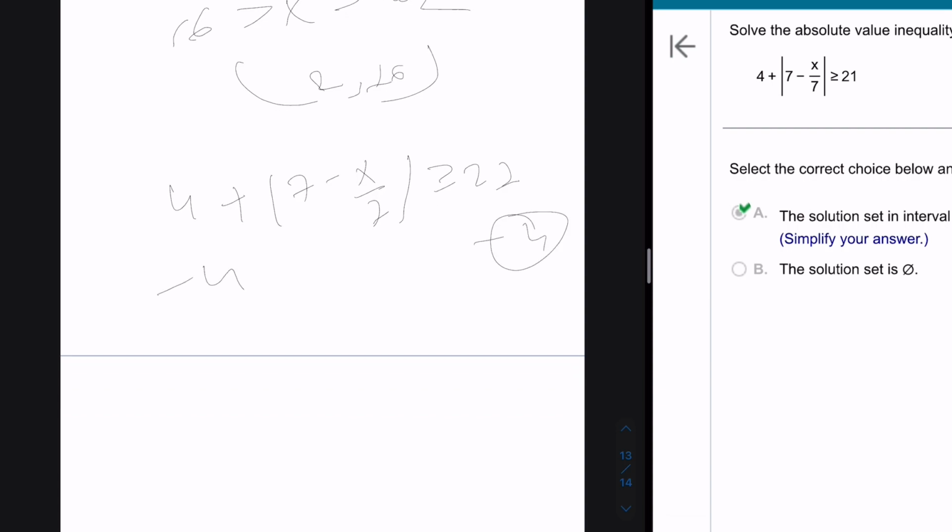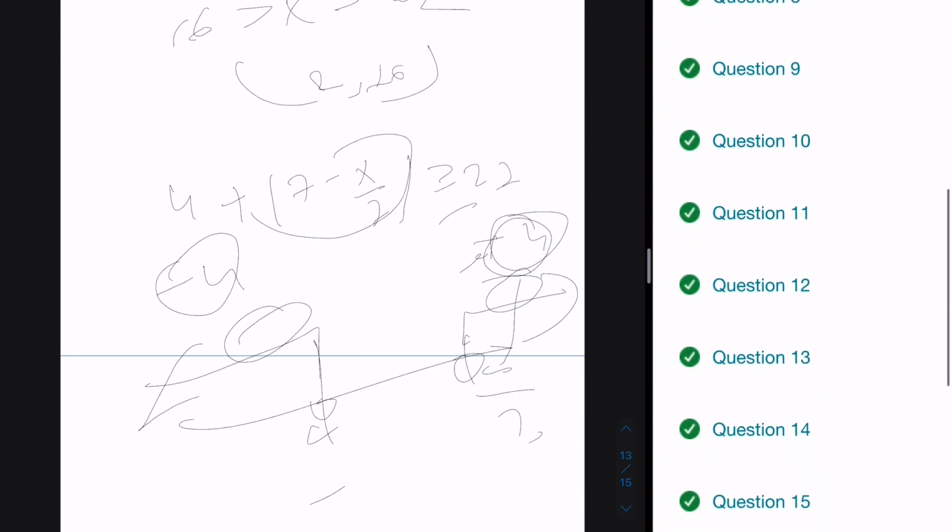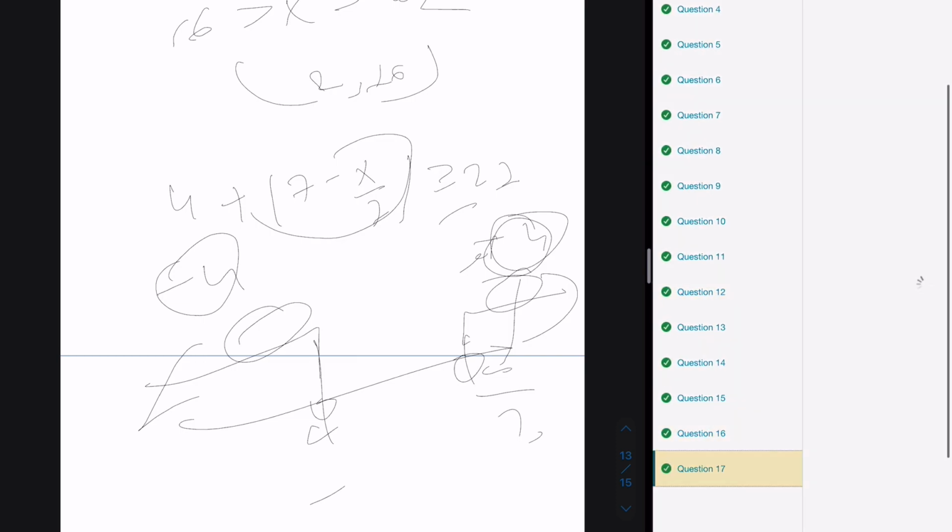Then you will get some number here, and since the absolute value is greater, the number that you got here will come here, and we can get the inequality from this: one is smaller than this, and this is smaller than this, and then do the same thing we did in the previous questions.